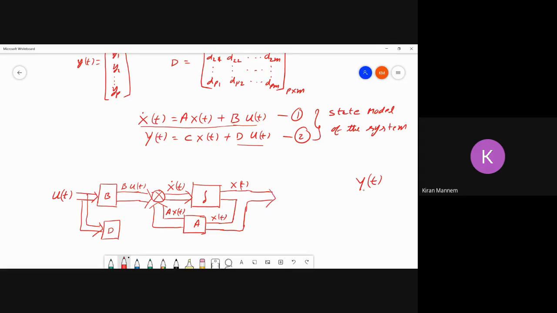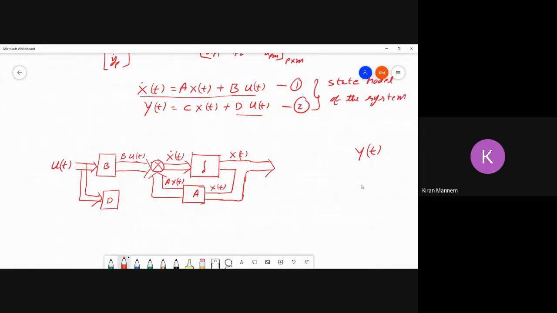So we got some, I'll just move. Now we got the U of t into the D. I'm just putting down D here.